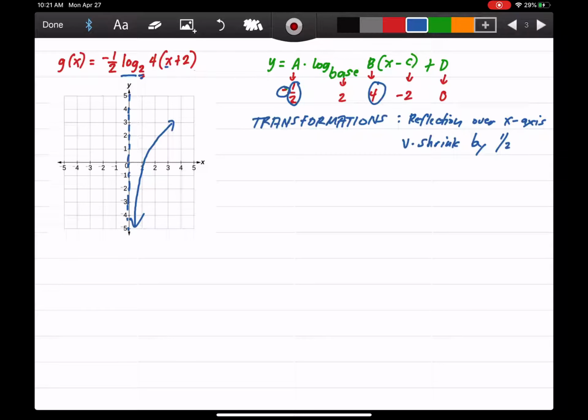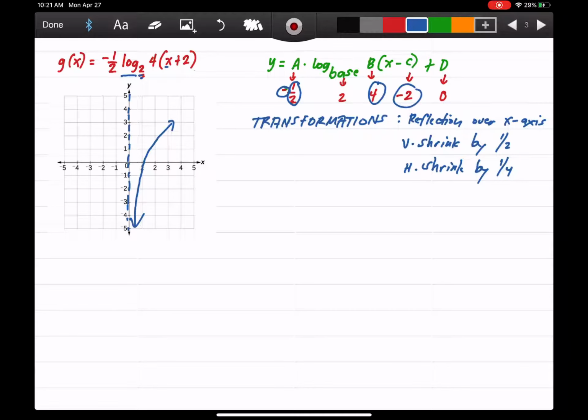And your base is 4. I mean, the value of b is 4, okay? So we are expecting a horizontal shrink by the reciprocal of 4, which is 1/4. All right, and the value of c right here is negative 2.